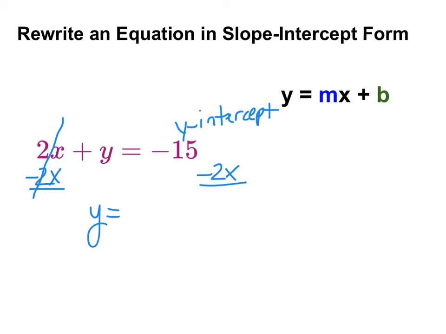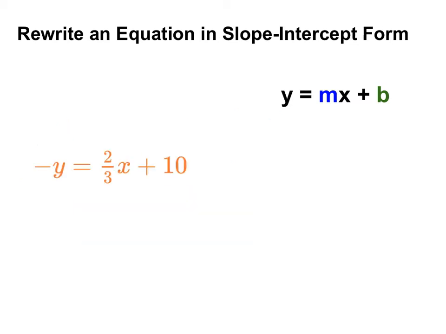And now if I put it in the right form, my term with slope and my variable x should come next, which would be this -2x. So we'll put -2x, and then -15 or plus -15 would be my y-intercept. So let's change that to plus a -15. And now it is in slope-intercept form, and it is ready to be graphed.